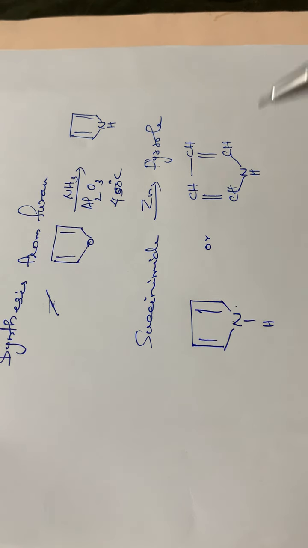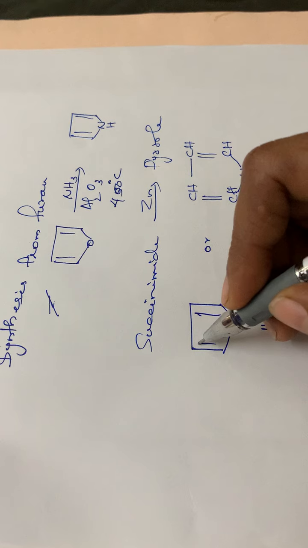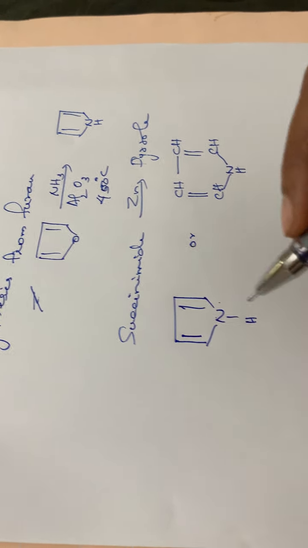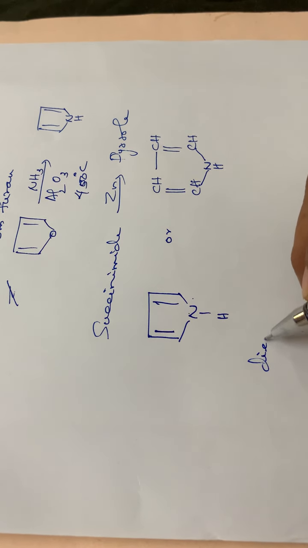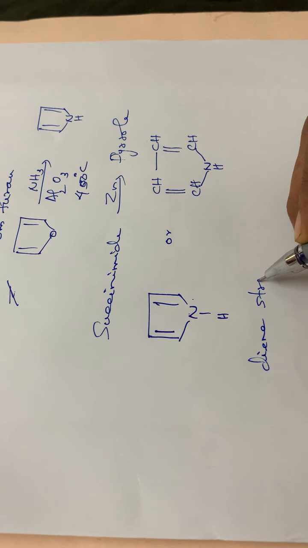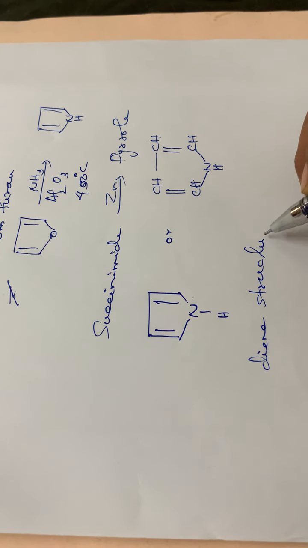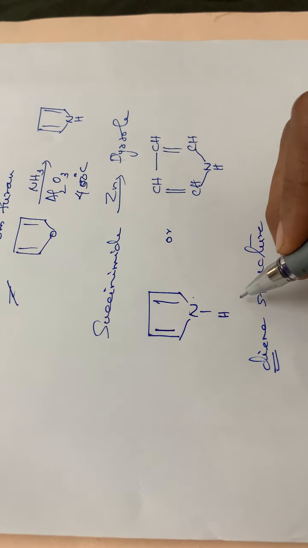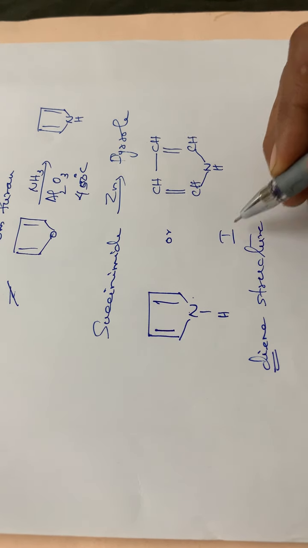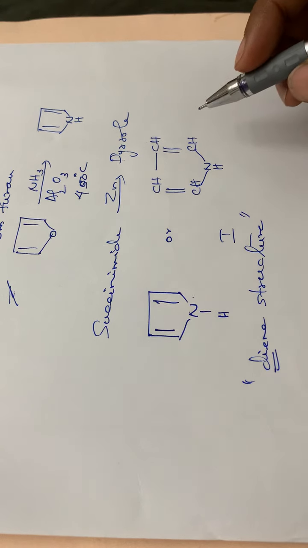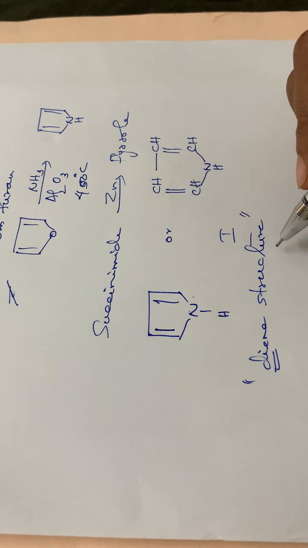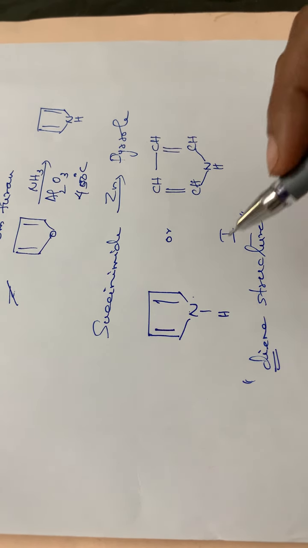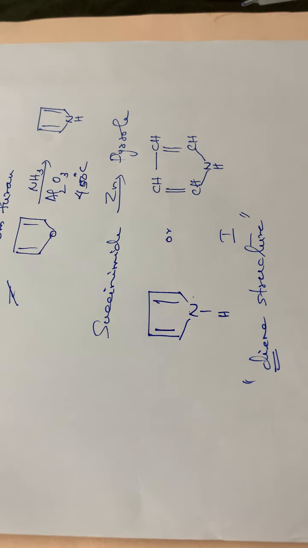So this is a diene structure, right? Diene means it has two double bonds: di means two, ene means double bonds. So from these two reactions, we can say that this pyrrole has a diene structure, that is, it has two double bonds.